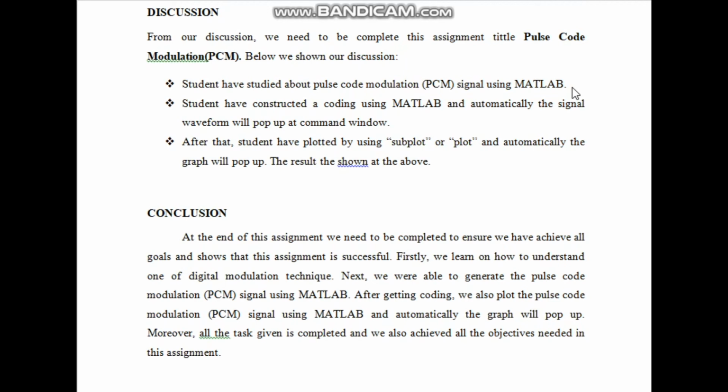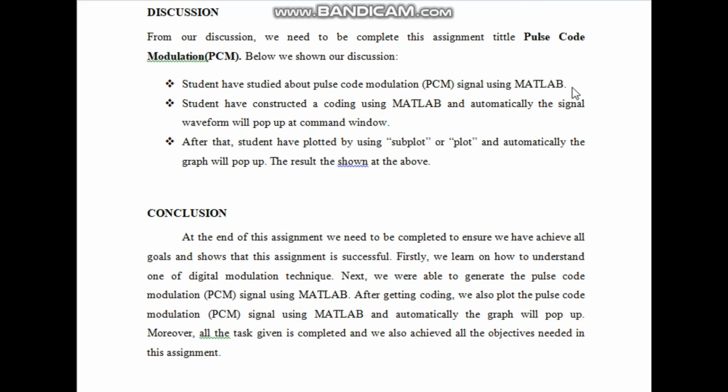Next, we go to the conclusion. At the end of the assignment, we need to ensure we have achieved our goal and show that the assignment is successful. Firstly, we learned how to understand one of the digital modulation techniques. Next, we were able to generate the pulse code modulation PCM signal using MATLAB.